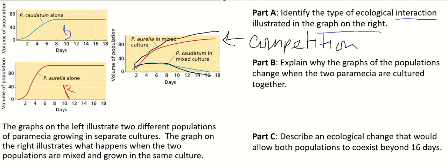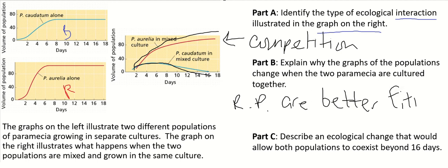So one is better fit to access those resources. So you can say the red paramecium are better fit, or have better traits, which is what better fit means, to better access resources.